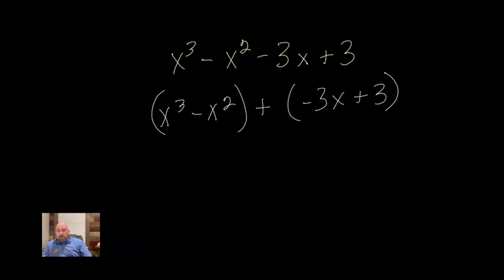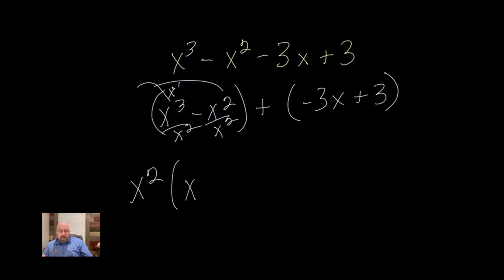All right, now what comes out of here? Well, our x squared comes out of there, and then we divide everything else by x squared, and then you're going to get x to the 1, or just x. There's a minus sign, and then this cancels.